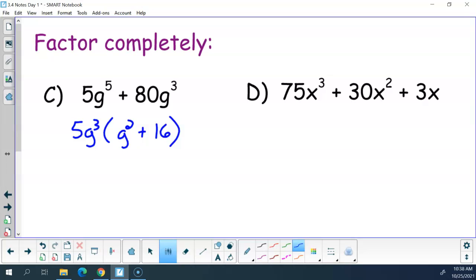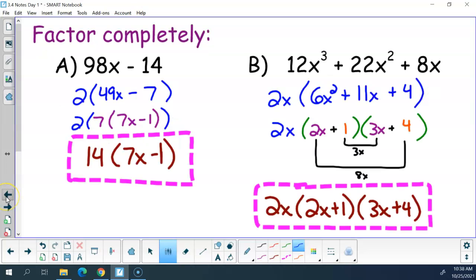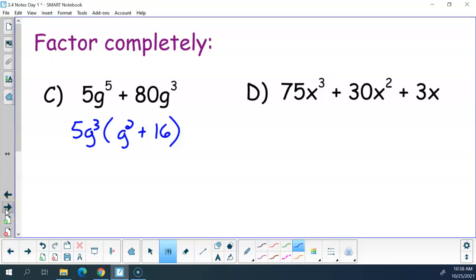In this last one, yes, if I multiplied here, it would get me back to there. But if I also multiply here, it gets me back to the original equation. Because we could factor that other part. So my question is, can we factor g squared plus 16?